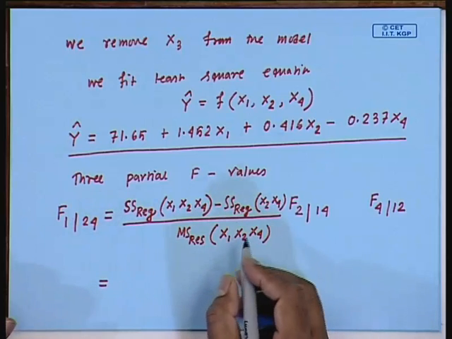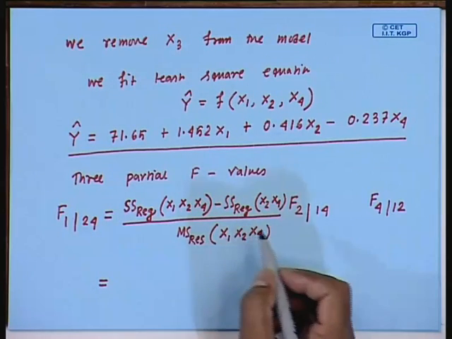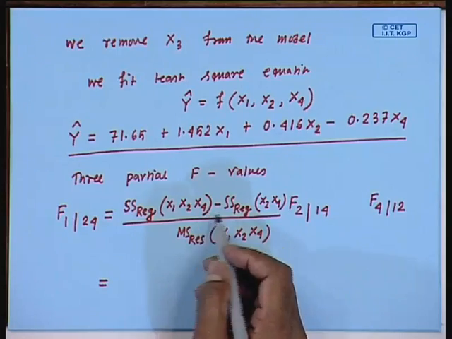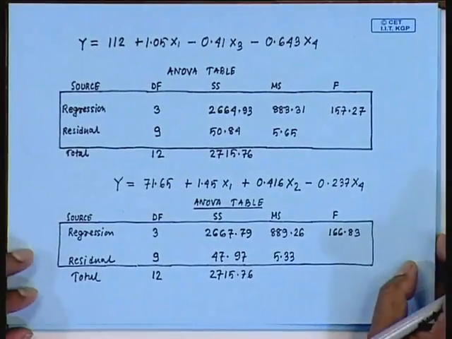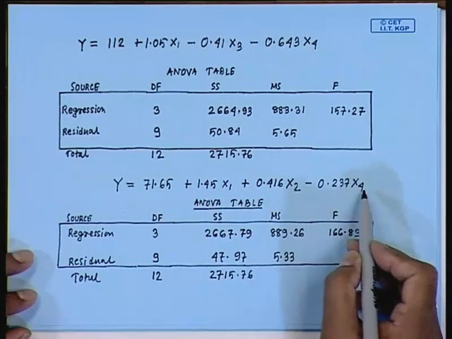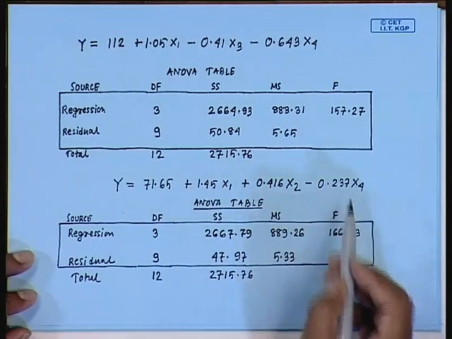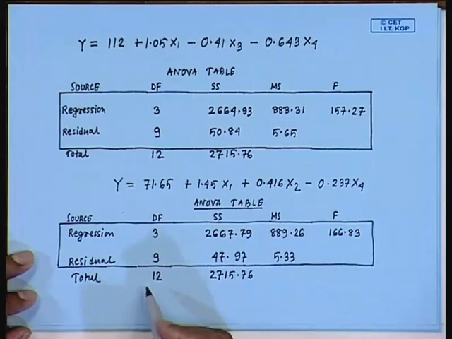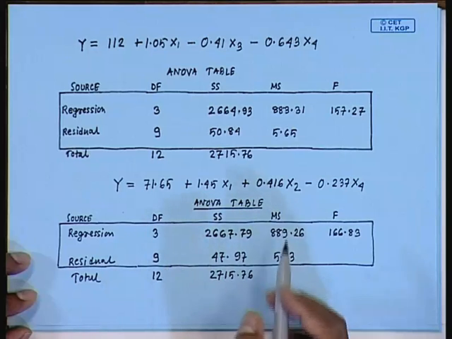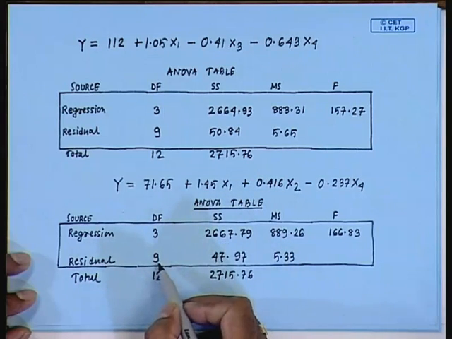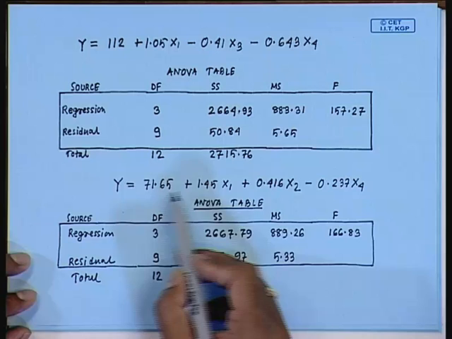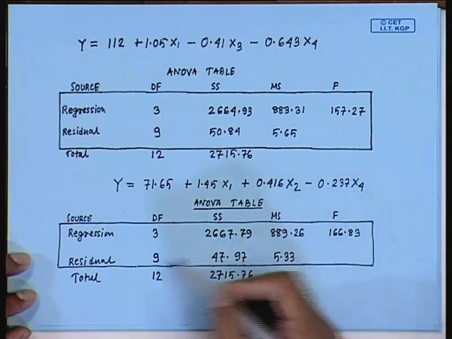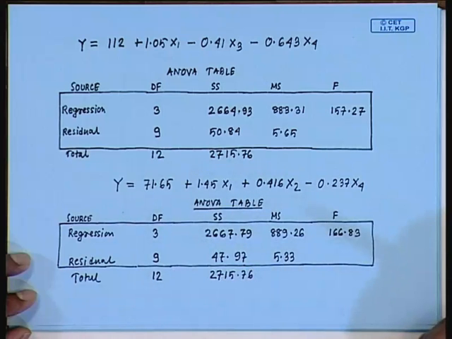To get this value for x1, x2 and x4, I have one ANOVA table. Here is the fitted equation and the ANOVA table. You can check that the total degree of freedom is 12, the same as before. The residual has degree of freedom 9, because we have 4 unknown parameters, so 13 minus 4 is 9.